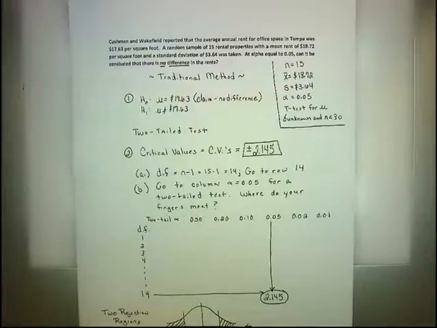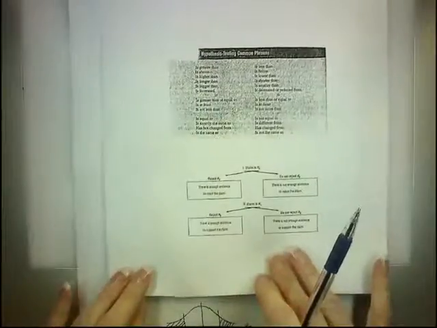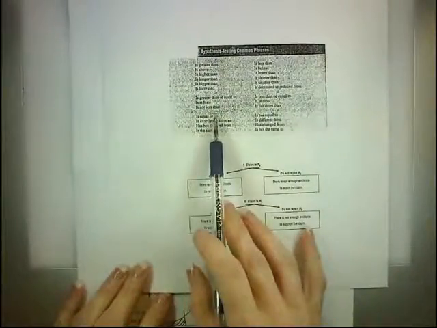Okay. This one is saying there is no difference. We are testing the claim at alpha equals 5% that there is no difference in the rents. You can go to your phrase sheet to look up no difference. And that means equality.